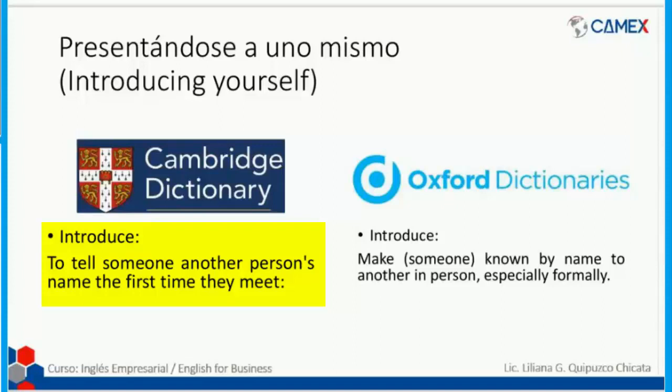According to the Oxford Dictionary, it is to make someone known by name to another in person, especially formally. So introducing yourself is to tell someone our name for the first time.